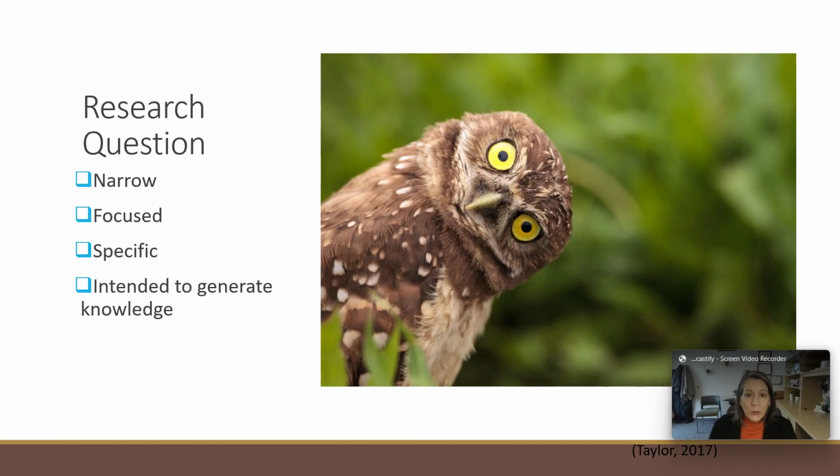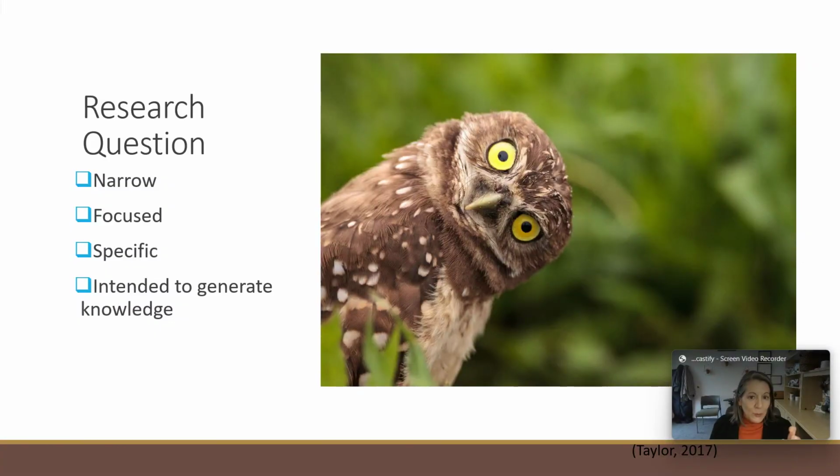But we want to generate a research question in such a way that it can be answered by our study, which means that we may be only looking at a piece of all the things that we want to know. Sometimes researchers, and I know I'm guilty of this, when I was a brand new researcher, I wanted to do everything all at once in one study and answer all the questions that I had.